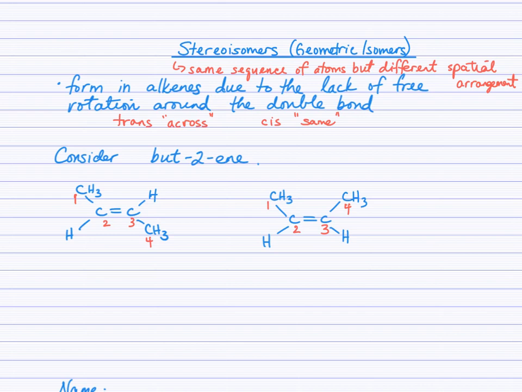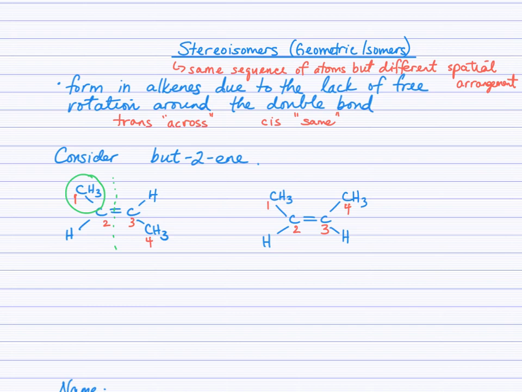My suggestion to you is to first view this structure by cutting that double bond in half and looking at the left side. If I look at carbon 2, I notice that CH3 is bonded to carbon 2 as well as an H.